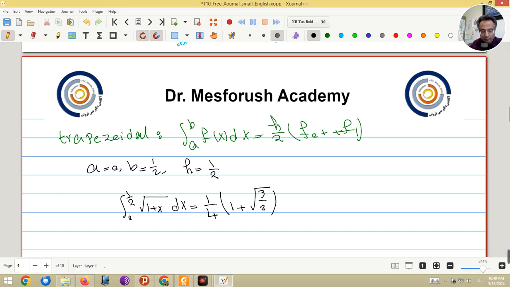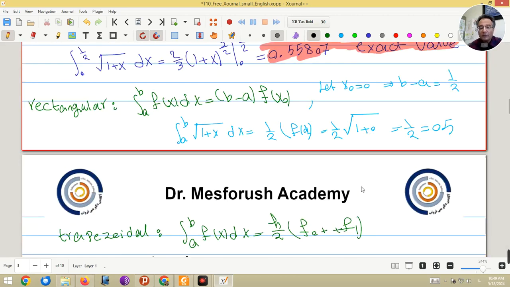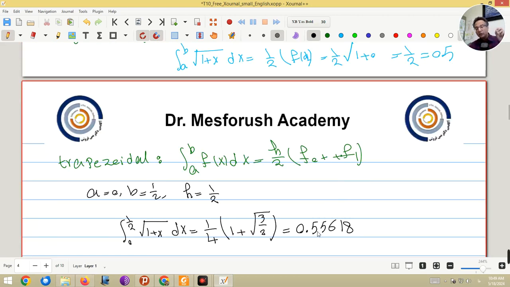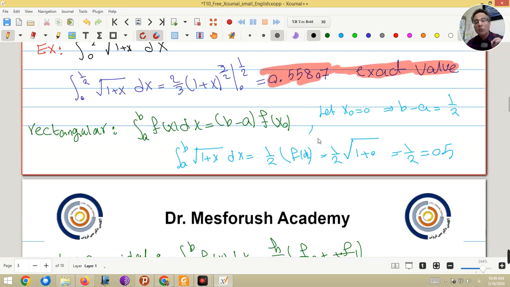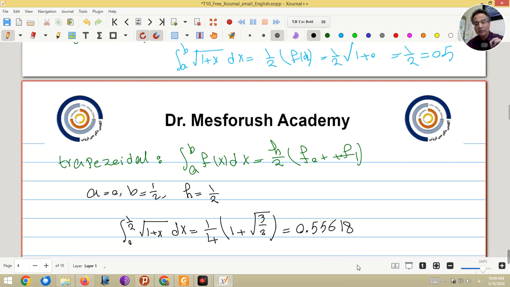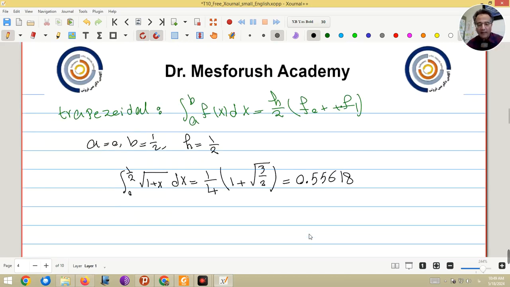Something like this. And if you compute this value, it will be 0.55618. Compare this value with the exact value, you have an accuracy of 0.001. Okay, in fact 2 digits after the decimal point are accurate.